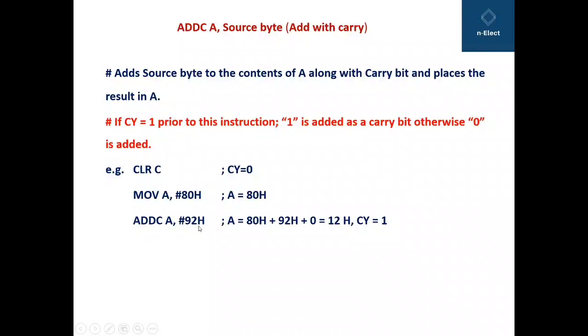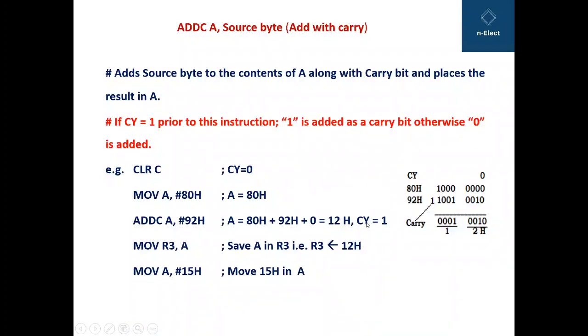So it will add 92H with the contents of the accumulator, that is A0H, with carry, and carry was 0. So A0H plus 92H plus 0 gives 32H, with carry equal to 1. So you can get this clear from this example: A0H when added to 92H, we get 32H with 1 carry.